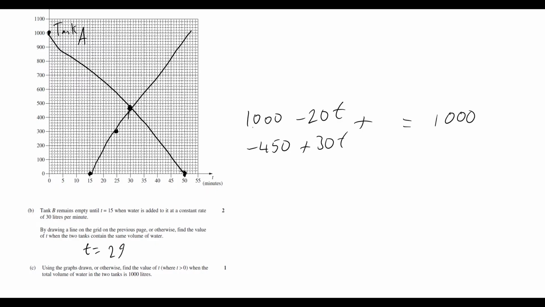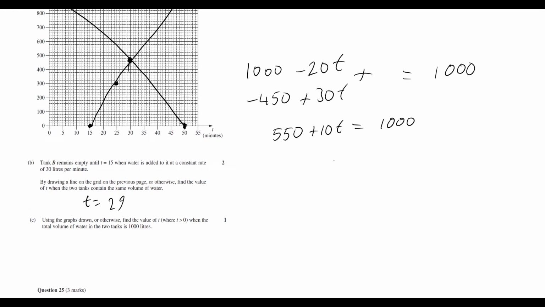Okay, so 1000 minus 20t plus minus 450 plus 30t. So what we end up with now is that 550 plus 10t is going to be equal to 1000. So we can subtract 550 from both sides, and then we get 10t equals 450. Divide both sides by 10, and we find that t equals 45.